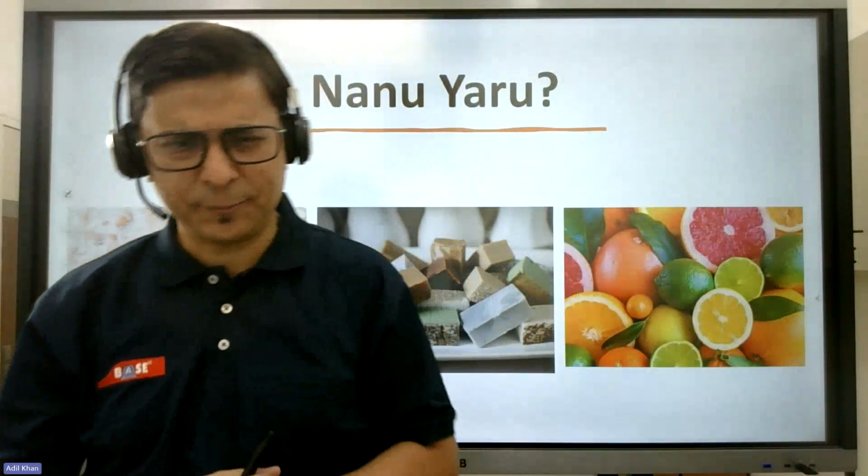Three important chemicals which we use in our day-to-day life. For example, when you eat orange, you are eating citrus fruit. When you are eating apple, it is malic acid. In oranges and mosambi, you have citric acid. In tomatoes, oxalic acid, tamarind has tartaric acid, milk has lactic acid.